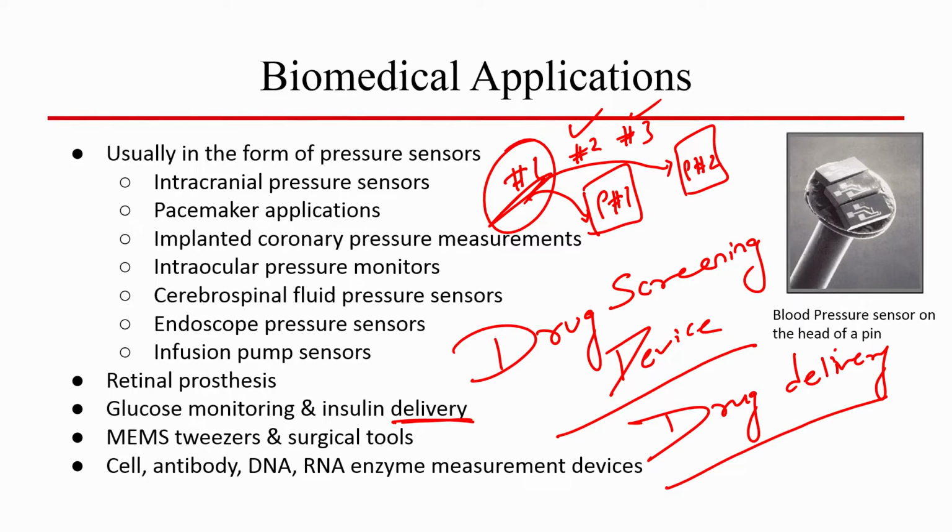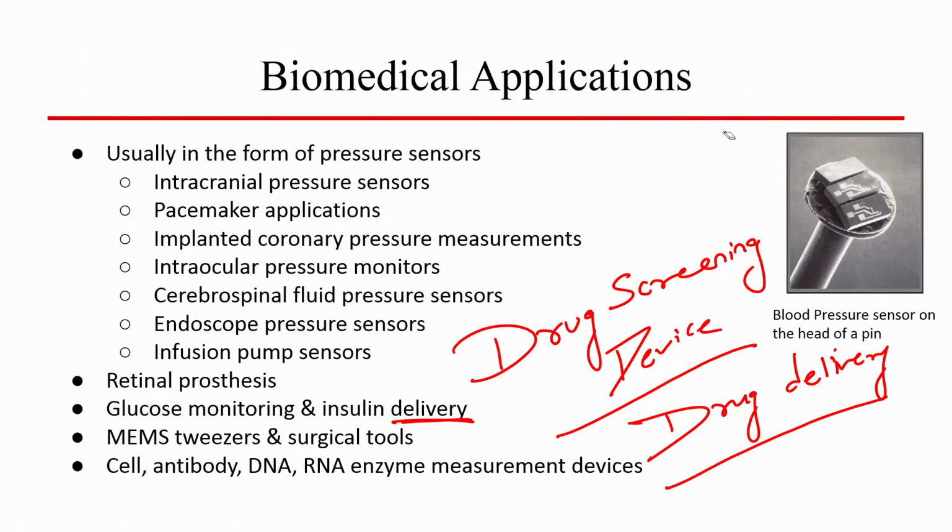So, patient 2 may respond to drug 2 or drug 3, but we do not know. We do not know which drug to give to a patient coming to a hospital setting, all right. So, now what we are looking at is how can we design a drug screening device.